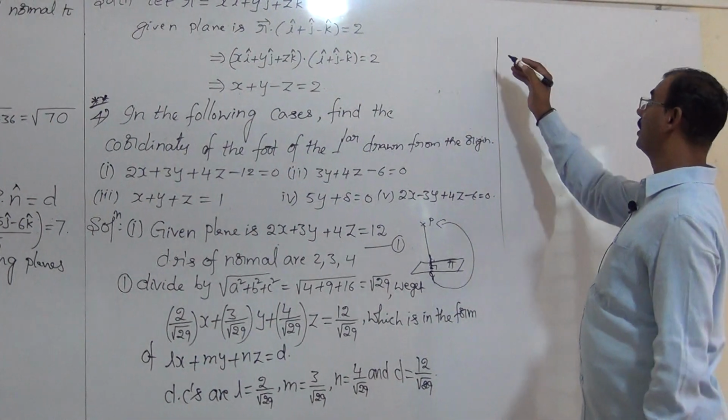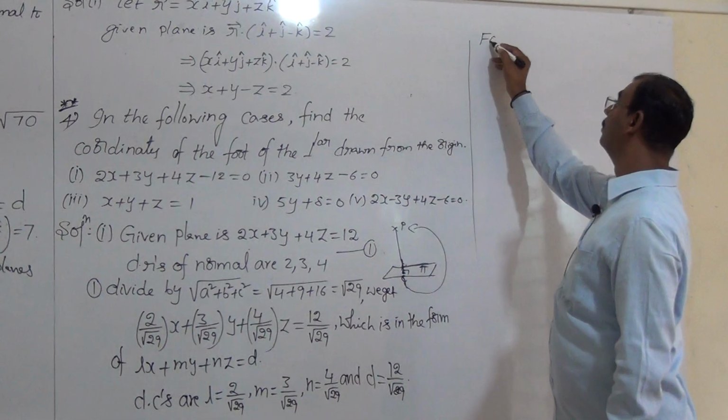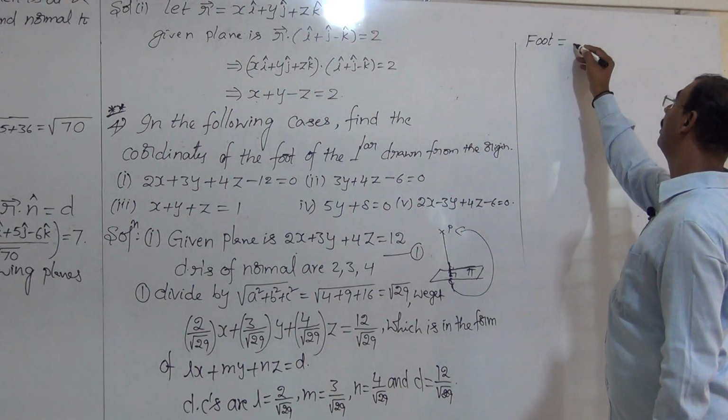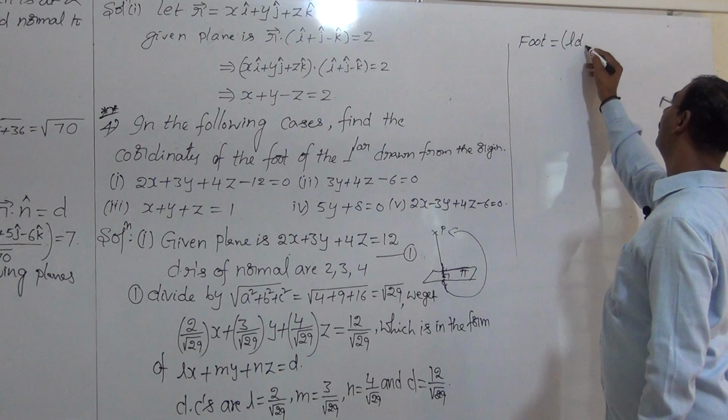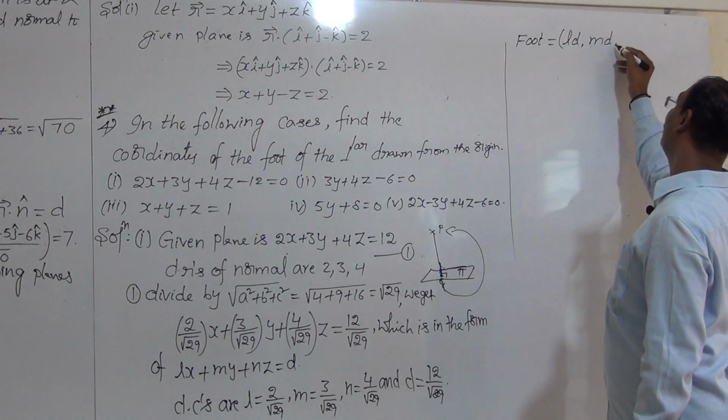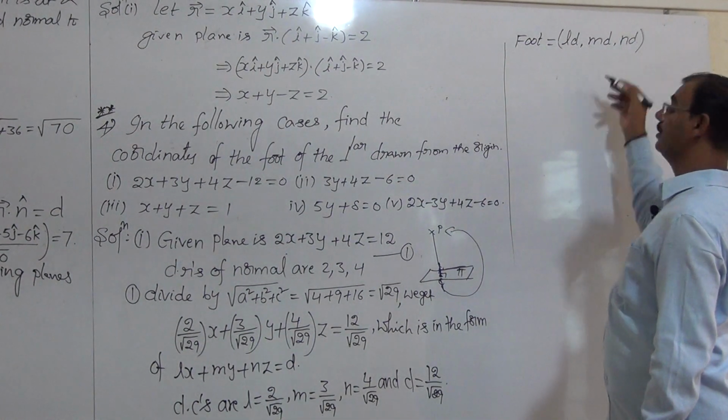The shortcut from the origin is given in the textbook. So the foot is given by the formula l into d, m into d, n into d.